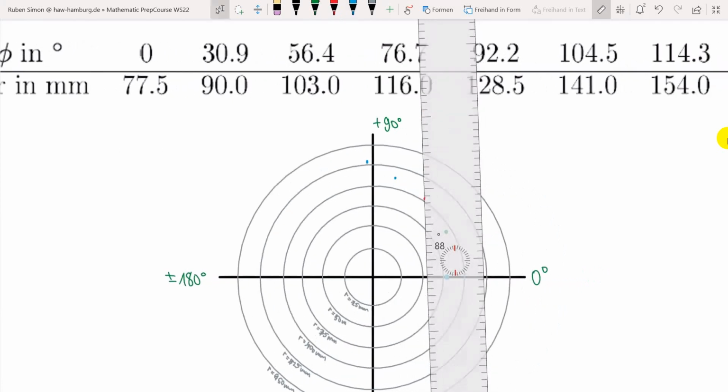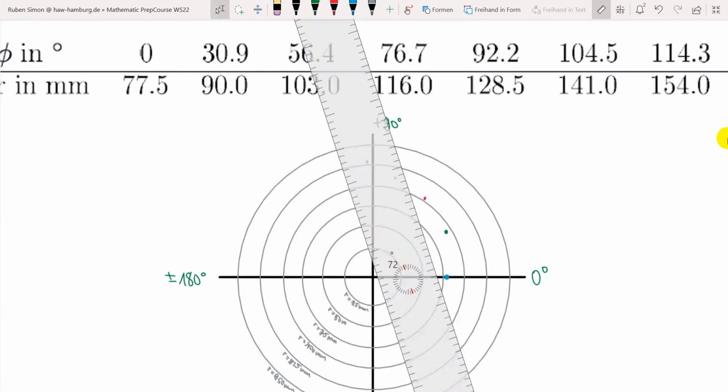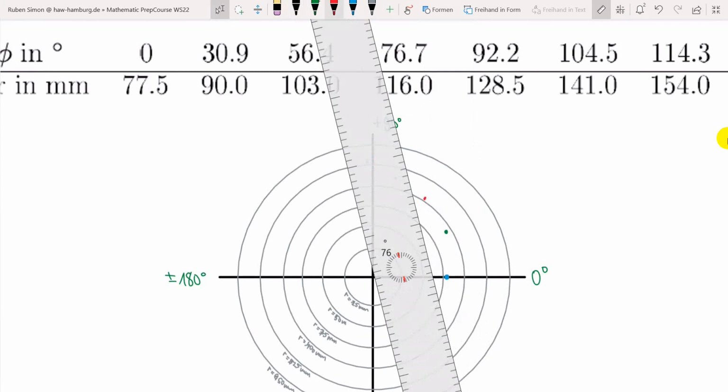This would be 76. Of course, you would use, I don't know, what is geometric triangle? I don't know if this is the term for it in English. If you use your geometric triangle, then you could measure angles up to 180 degrees easily, without calculating. So 76 degrees again for 104, and the radius is 141. So this would be around here.